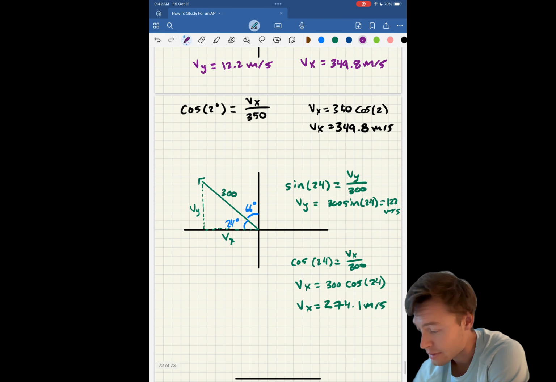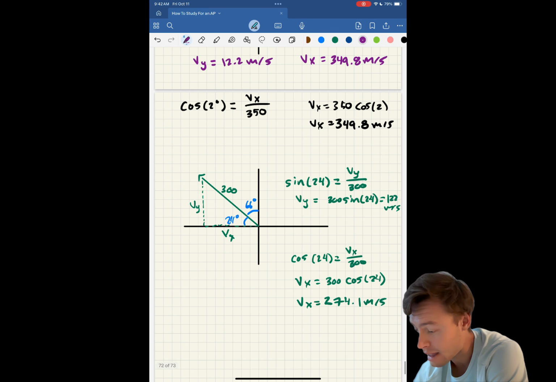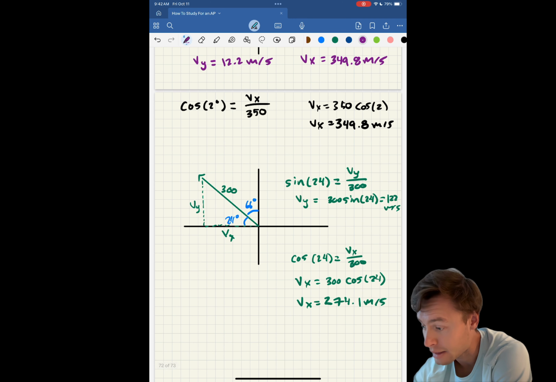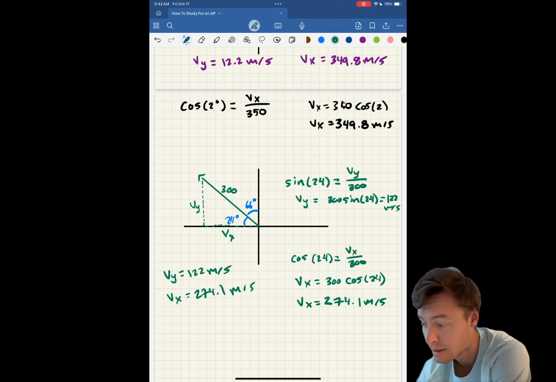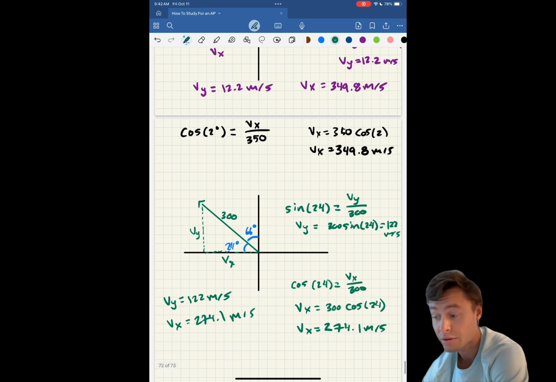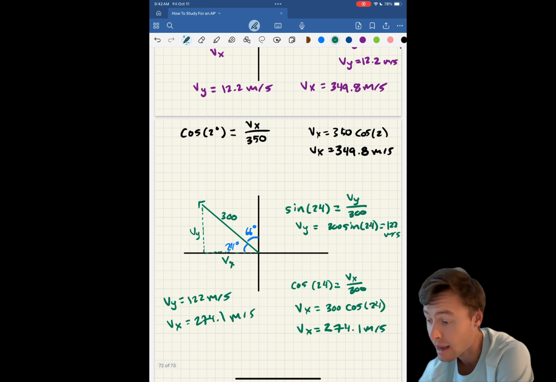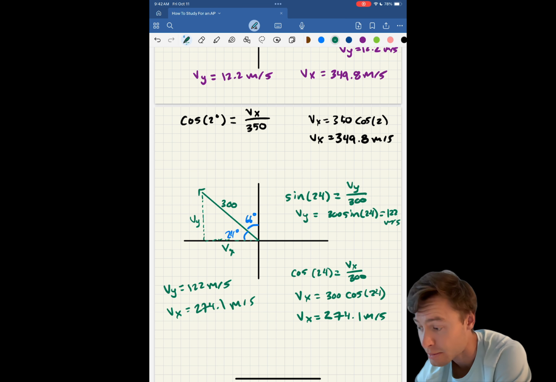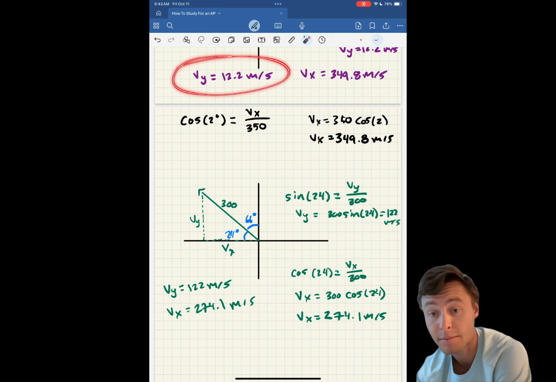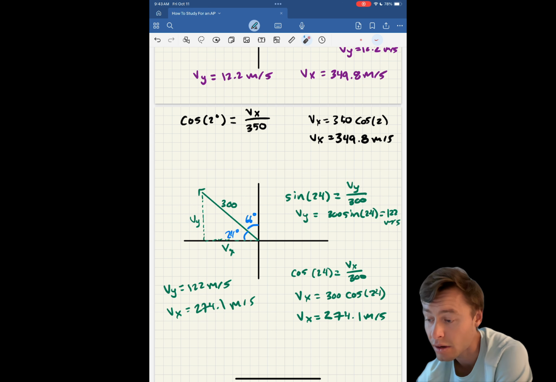And then what happens? We end up with a vertical trajectory of 122 meters per second and a horizontal trajectory of 274.1 meters per second. So what's happened? In the vertical direction, we've sped up, and in the horizontal direction, we've slowed down, right? So we've subtracted some from our horizontal, and we've added some to our vertical, okay?